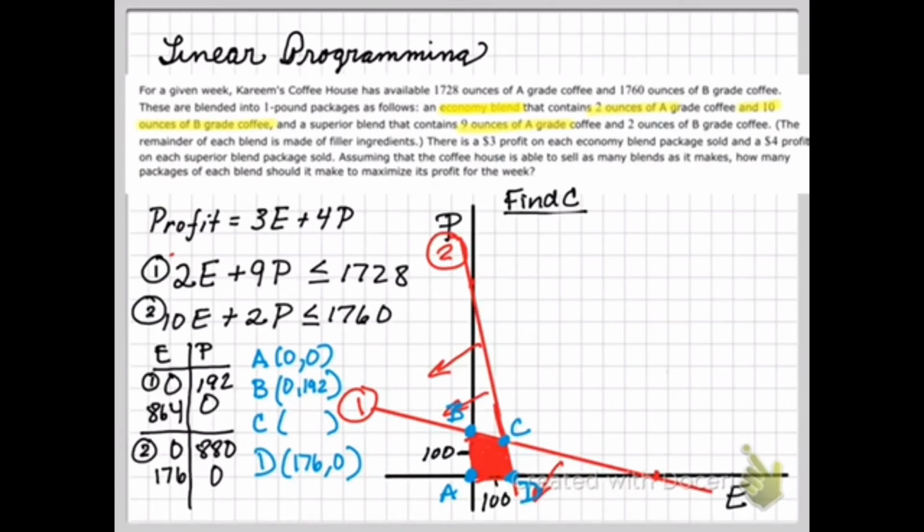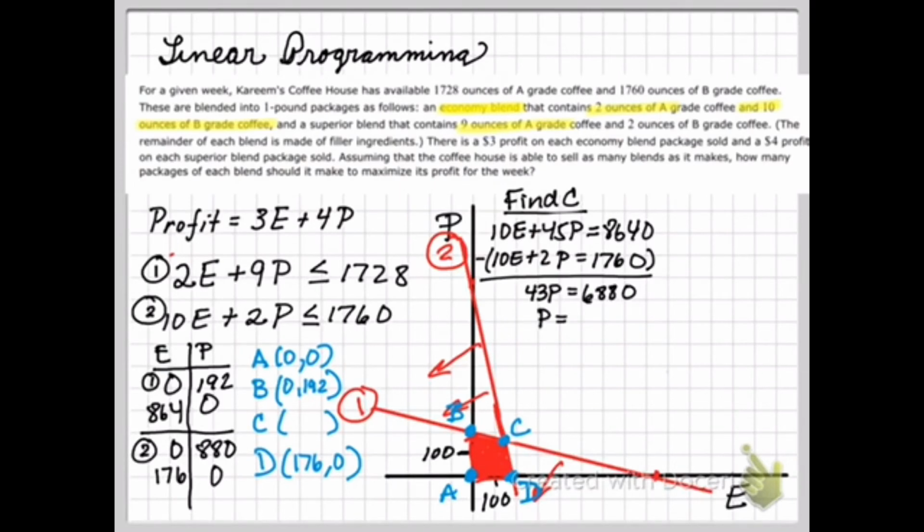I'm going to multiply number 1 by 5, so that gives me 10E plus 45P is equal to 8640. Then I've got 10E plus 2P is equal to 1760, and I'm going to subtract those. That leaves me with 43P equal to 6880, and then P would be equal to 160.